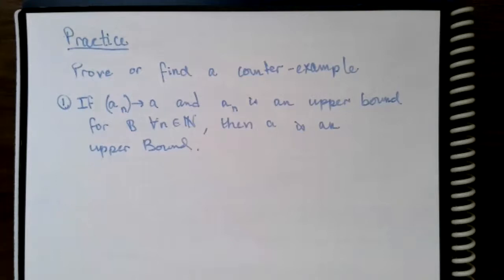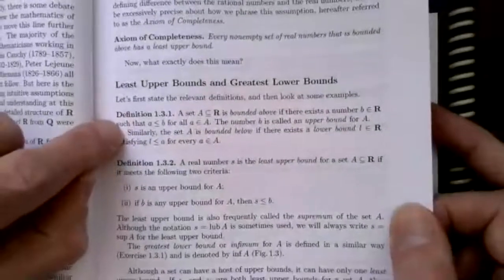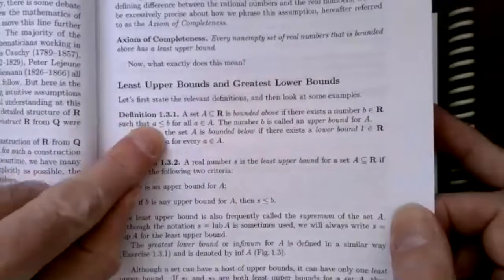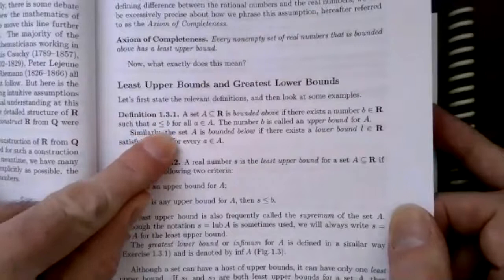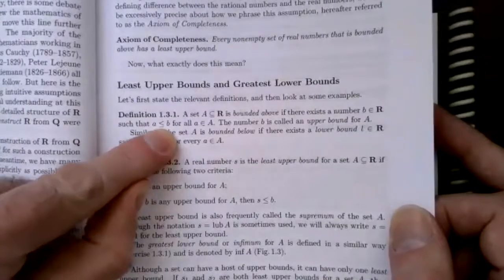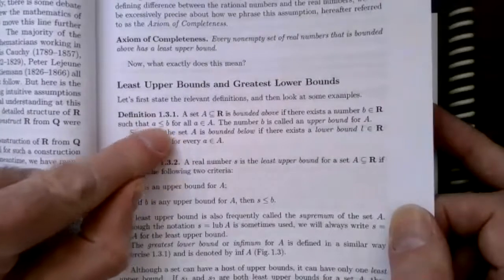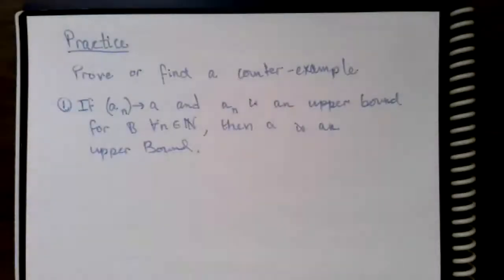So, looking right here, an upper bound for the set A has this property. You're allowed to have equality. It's greater than or equal to. And I think that kind of saved us, because if it was just greater than, I think we might have a bit of an issue. Okay, so we're thinking that it's true. So then we should try to work on a proof.